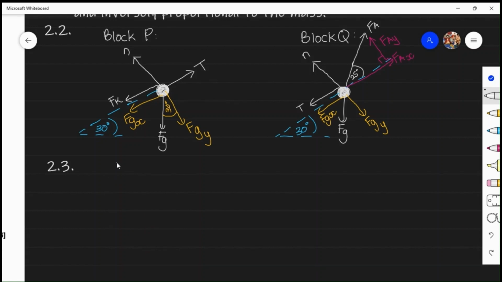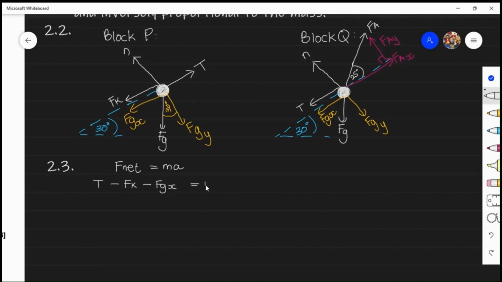So our equation is going to be F net equals MA. I'm going to assume up the incline as positive, which means my tension is going to be positive, my kinetic frictional force will be negative, and my force Fgx will be negative.